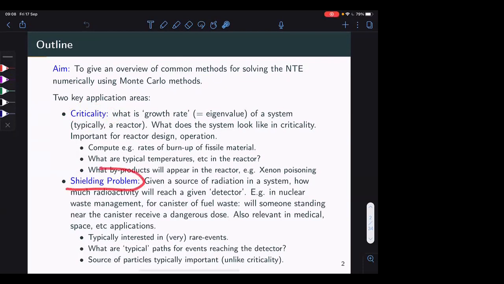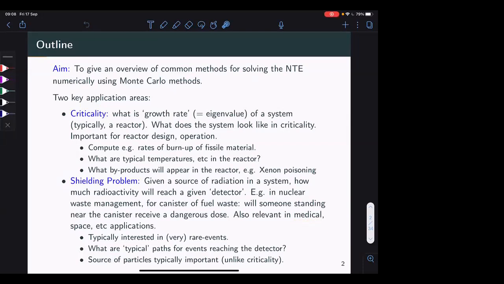The shielding problem comes up in a lot more applications. I mentioned medical, but also space: astronauts or equipment in space are subject to space radiation, and you may want to know how much radioactive dose equipment or people inside a certain type of shielding will receive.